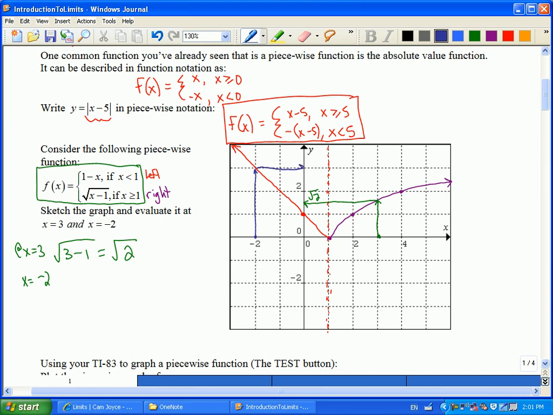So this is where I find it at the point, or sorry, y equals 3. And if you weren't wanting to use the graph, you're on the left side, so it's going to be this guy that you use. You're going to be using the value 1 minus negative 2, which is 3, just like we found on the picture. Okay.